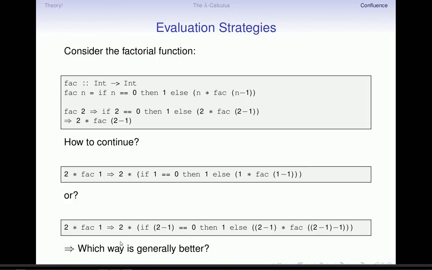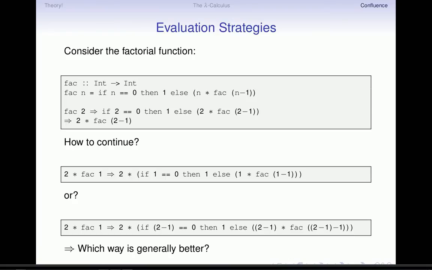Or we could reduce this to 2 times if (2 minus 1) is equal to 0 then 1, else (2 minus 1) times fac ((2 minus 1) minus 1). So we don't reduce the term 2 minus 1 initially and see how we go from there. Reduce it later maybe. Which way is generally better?